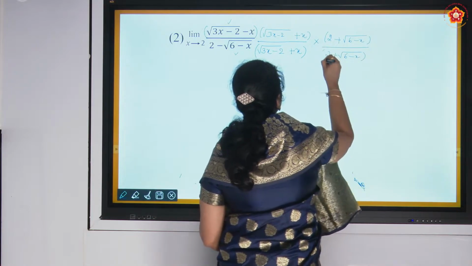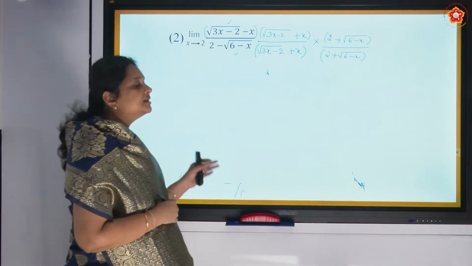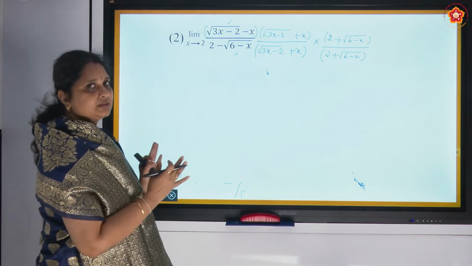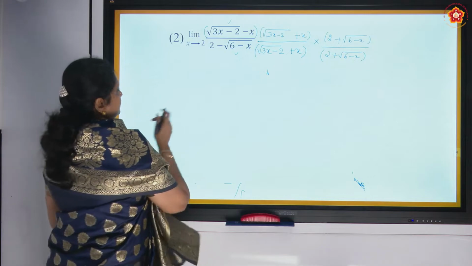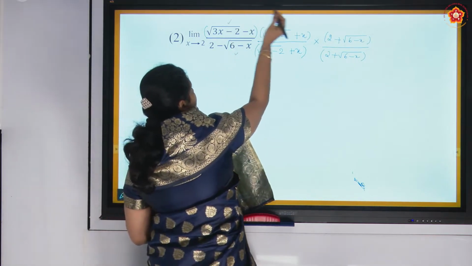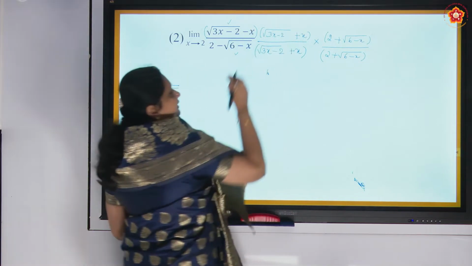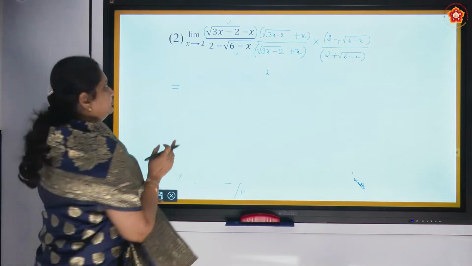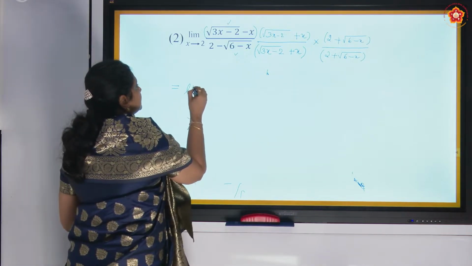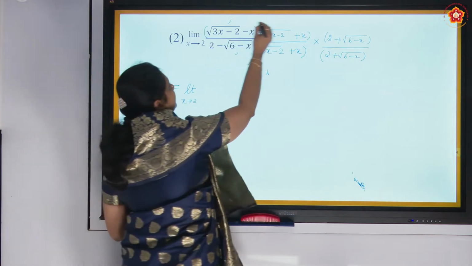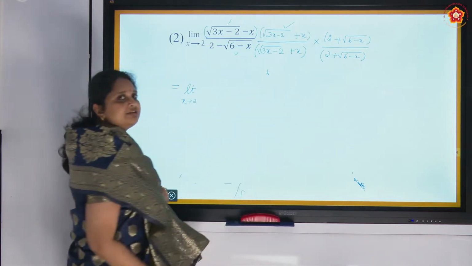Now let's try to simplify this. This looks a little complicated, but we'll smartly split the function so that it becomes a little easier for us. Okay, so we will club the factors with its rationalizing factor and multiply those two first. So, limit x tending to 2, on the numerator, I'm going to pair up this and its rationalizing factor.